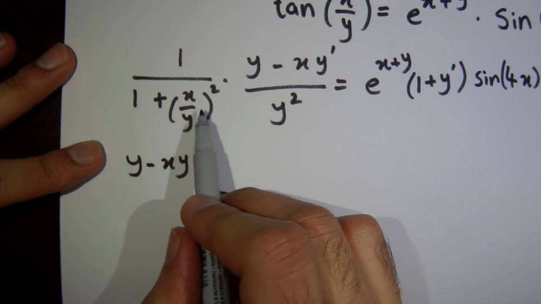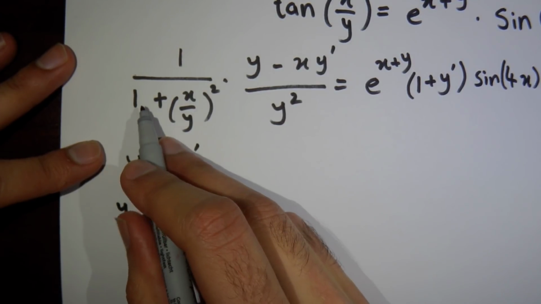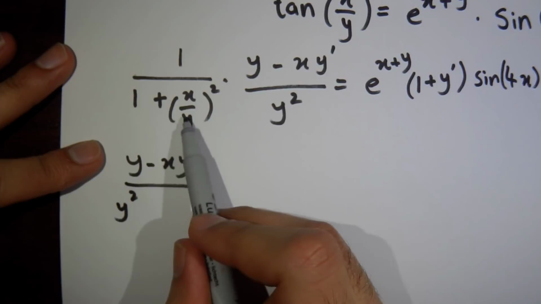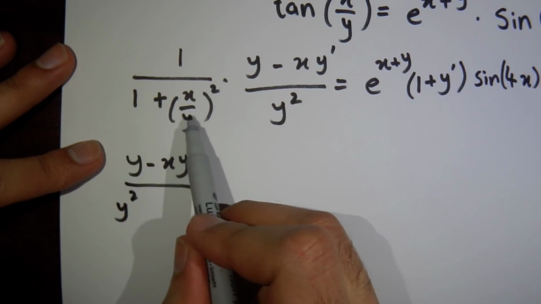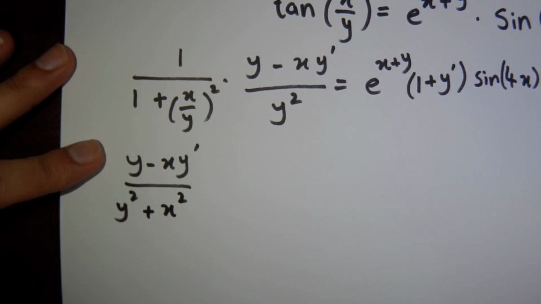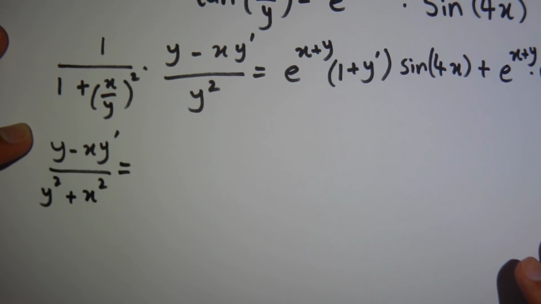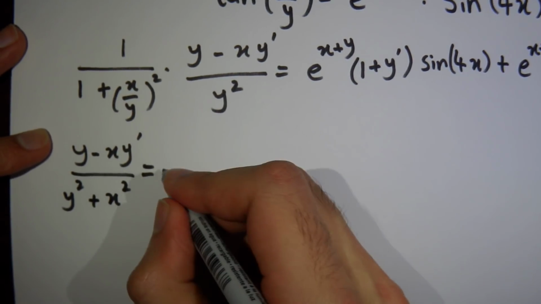And the denominator, if I'm trying to multiply, I would get y squared times 1 as y squared, plus x squared over y squared multiplied by y squared. The denominator cancels and I'm left with just x squared. Hope you follow.